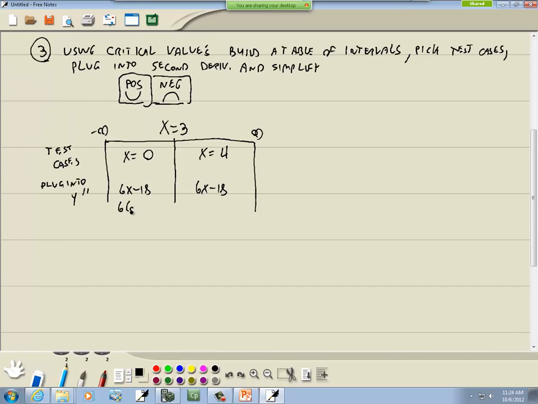So I get 6 times 0 minus 18, which is a negative number, which means this is concave down. If I plug in 4, 6 times 4 is 24, 24 minus 18 is positive, so it's concave up. Again, I couldn't care less what the actual value is. I'm just wondering what the sign is.